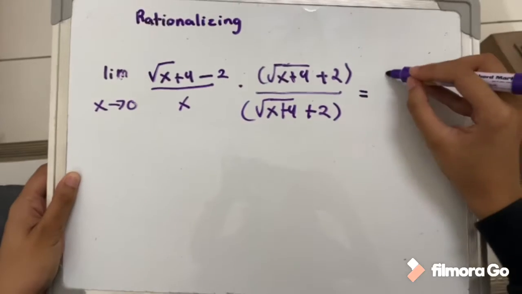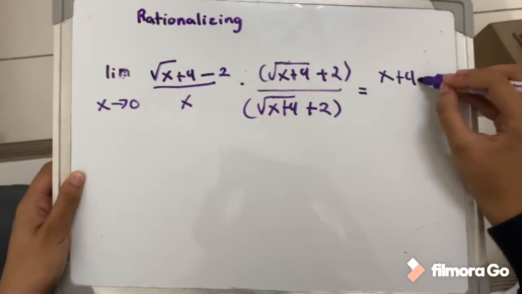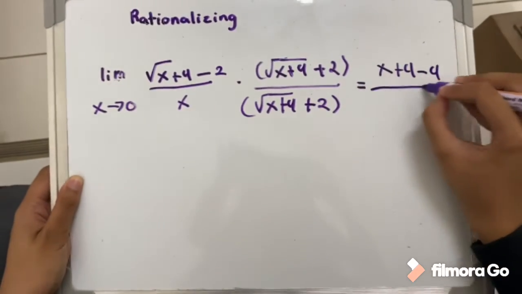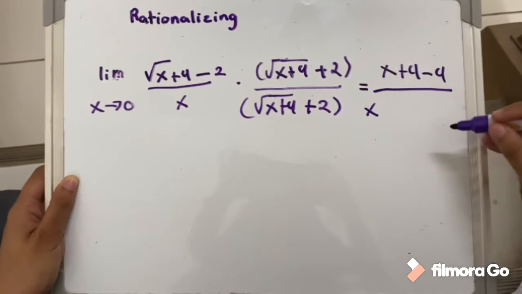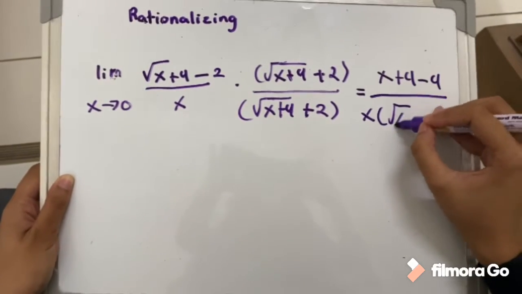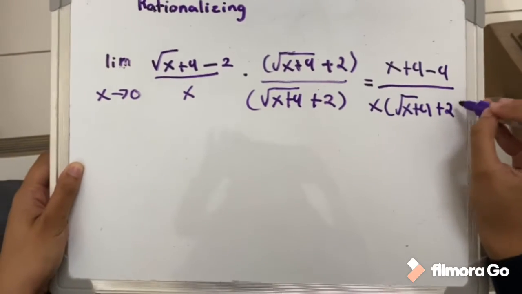Now we have x plus 4 minus 4 over x times square root of x plus 4 plus 2.